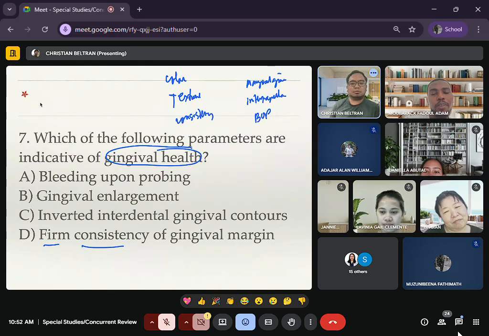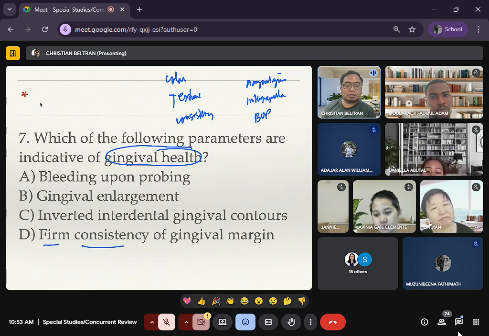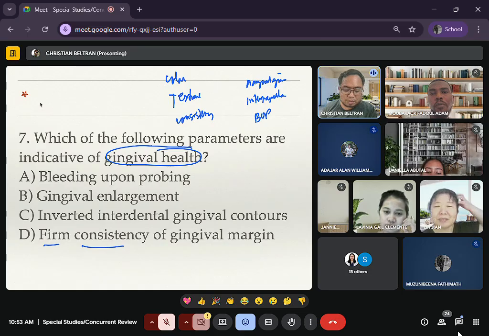If it's known to exist previously, you can use stippling as a basis. But if it's your first time seeing a patient, you don't know if the patient really has stippling on his gingiva. So you cannot use that as the sole basis for identifying or classifying whether the gingiva is inflamed or not.